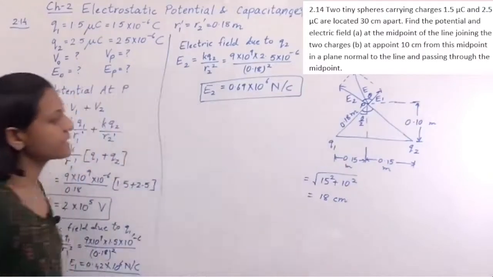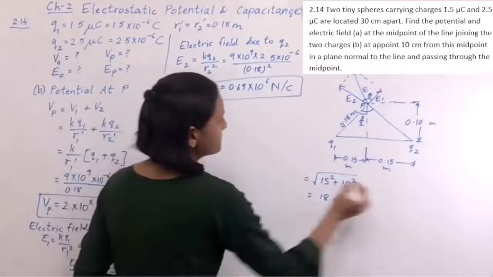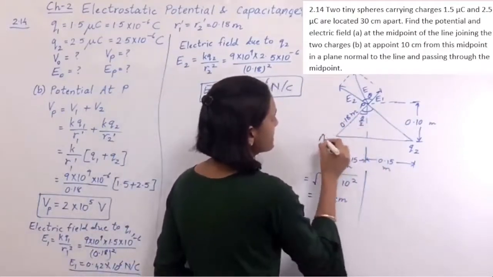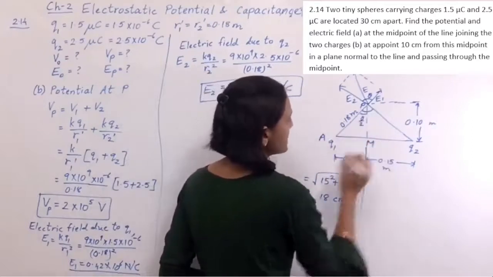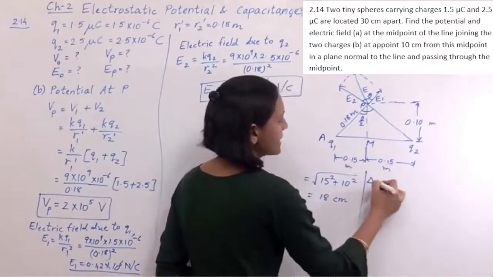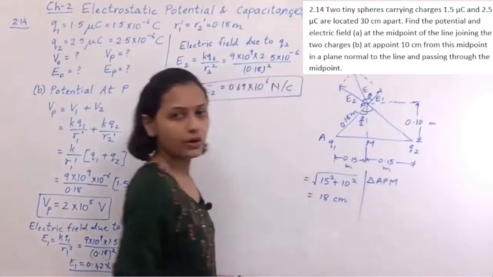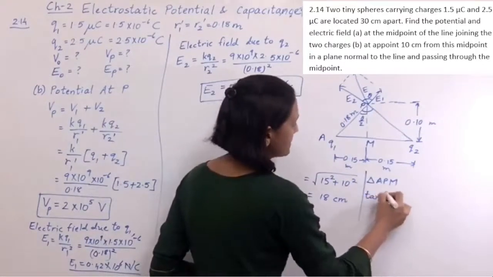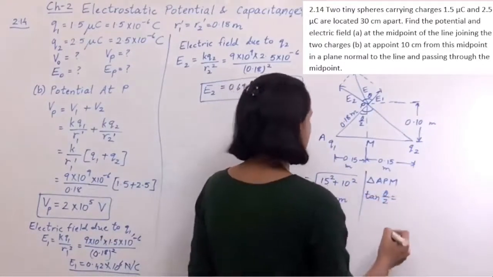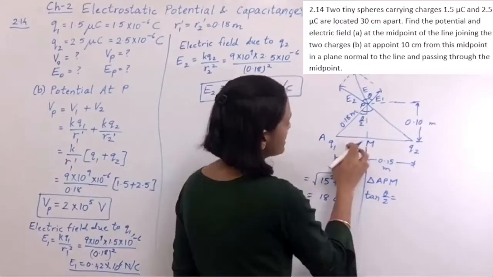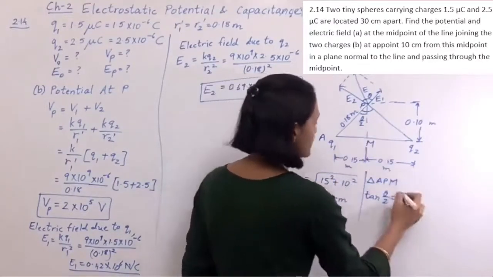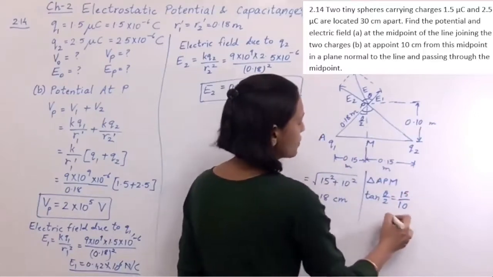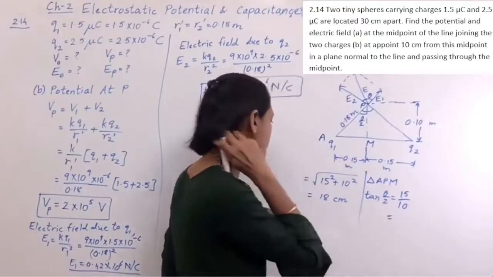For that we will take the triangle with theta by 2. Let us give it a name P. This is charge A and this is, let's say, M. So in triangle APM, we have tan theta by 2 equals opposite upon adjacent. Opposite is 15 and adjacent is 10. You can take both in centimeter or in meter.